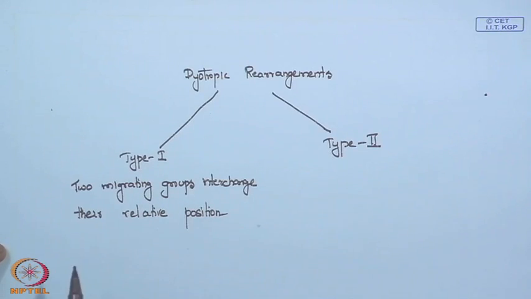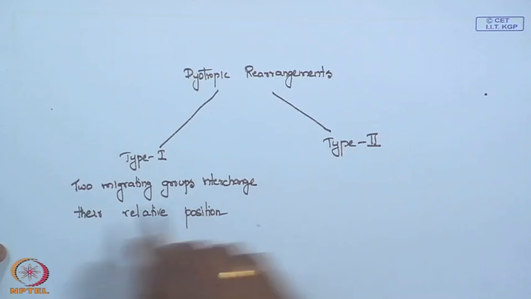In case of type 2, it is your bond, not the group.